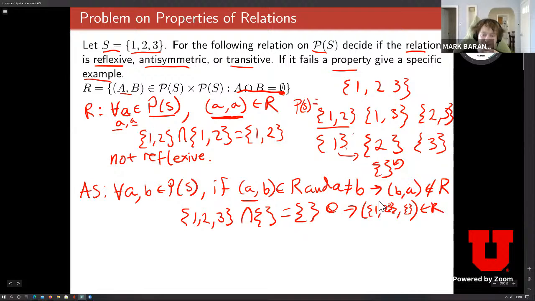But I could have also done empty set intersect {1, 2, 3}, and that's also the empty set. So that means that (B, A) is also in the relation, which falsifies this right here.